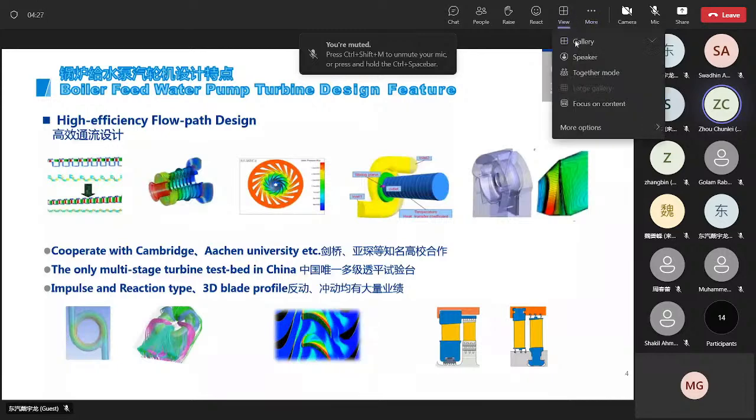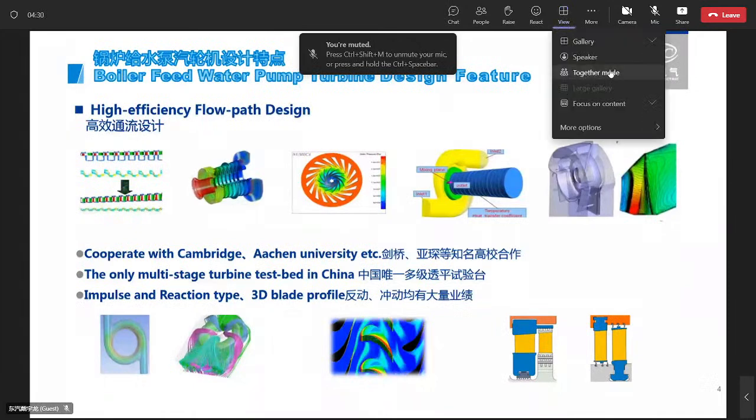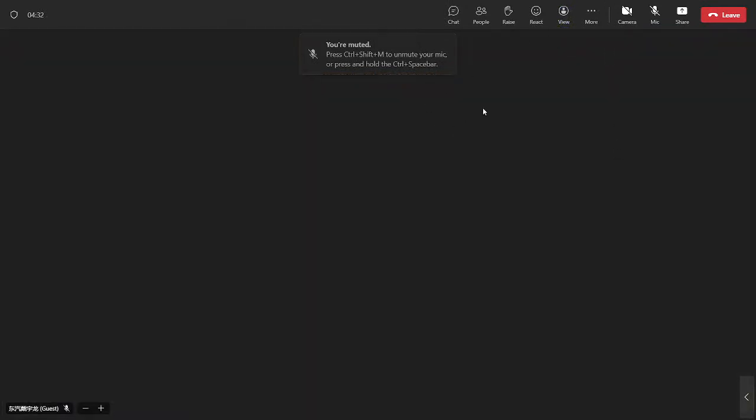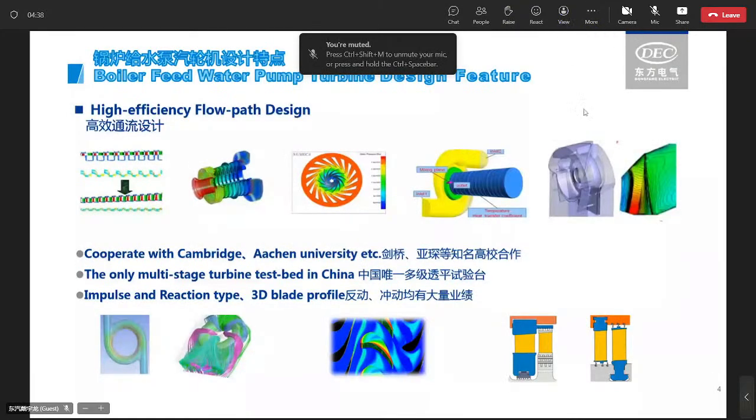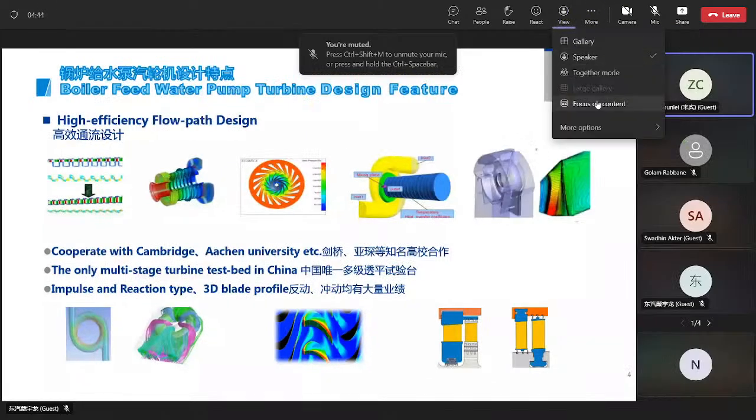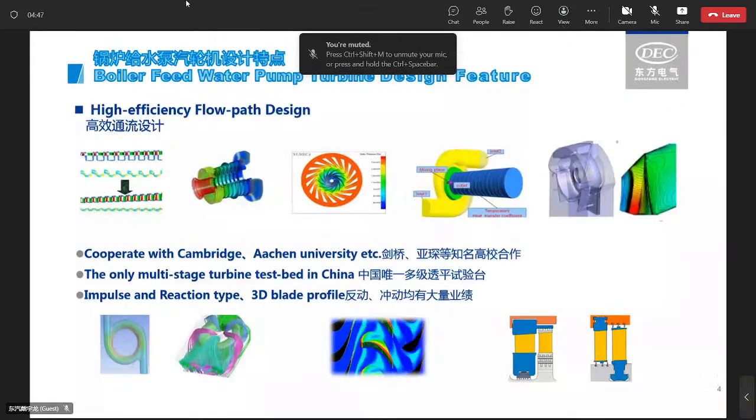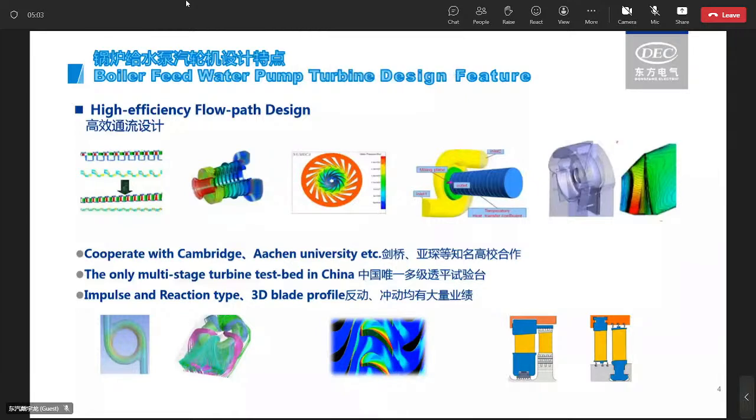The boiler feed water pump turbine has the design feature of a high efficiency flow path design. We cooperate with Cambridge and other universities. It is the only multi-stage turbine testbed in China. We also have a lot of achievements for the impulse and reaction types and the 3D blade profile. We can see the 3D blade profile.